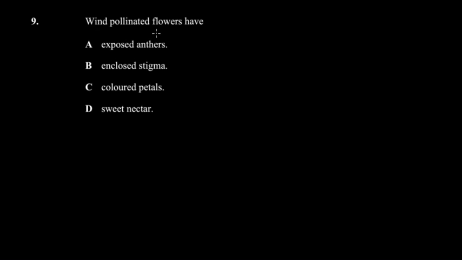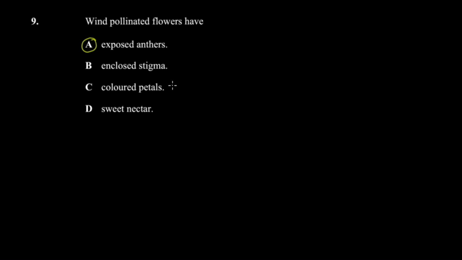It says wind pollinated flowers have exposed anthers, okay. The insect pollinated flowers have enclosed stigma. Almost everything is kind of hidden, because the agents there are the insects, so they'll be coming in, they can uncover that stuff on their own.